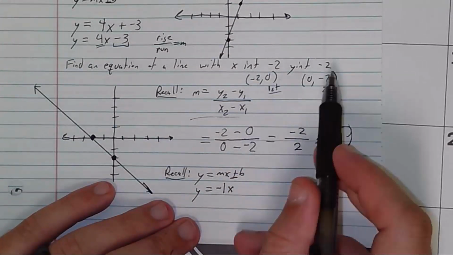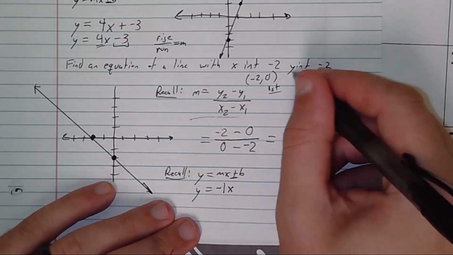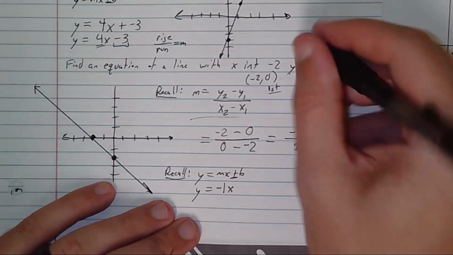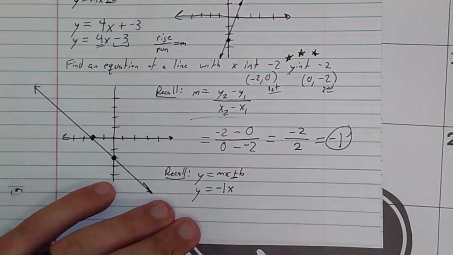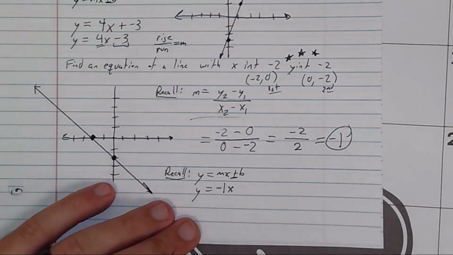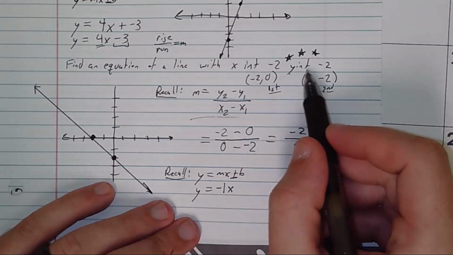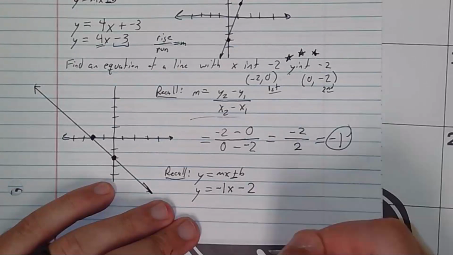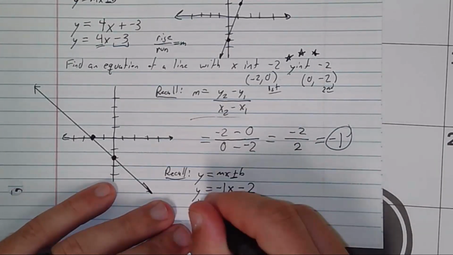Make sure you're taking the y-intercept. In a way, I don't want to say that this one is more important, but you can draw some little stars or something near it to know that in a way it is a little bit more important than the x-intercept. So we're going to take the y-intercept number, which is -2, and stick that on the end of our equation. We can simplify this a little bit. There you go. There's an equation for the line.